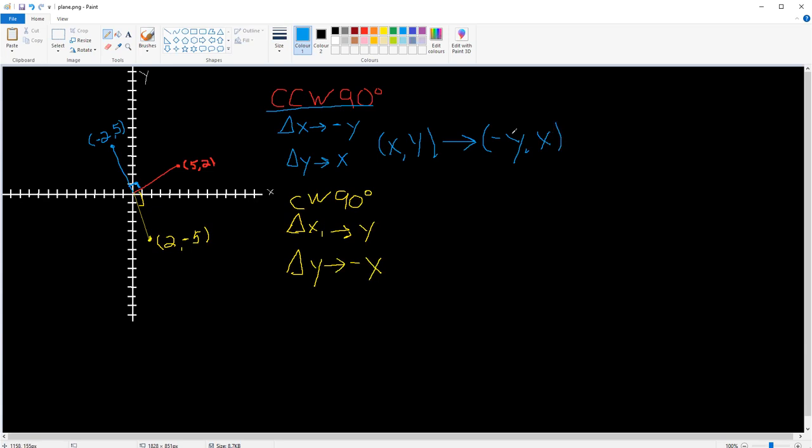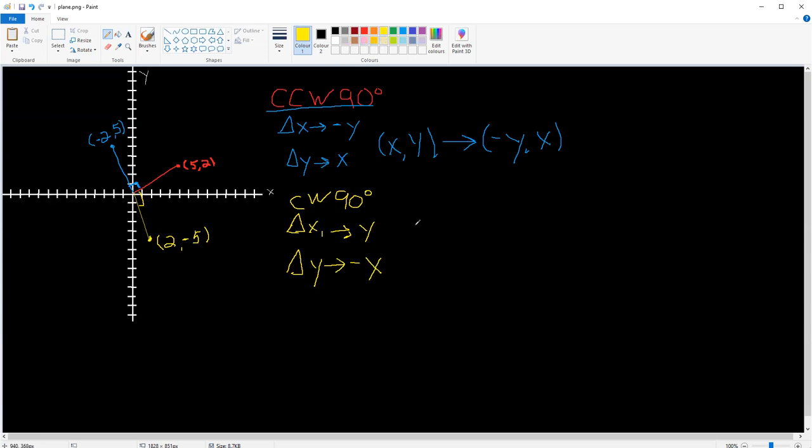This is actually the x and y coordinate, right? That's a rotation counterclockwise of 90 degrees. So this is saying that this is an x and y coordinate, but it's saying that the x coordinate is negative y, and that the y coordinate is just x.